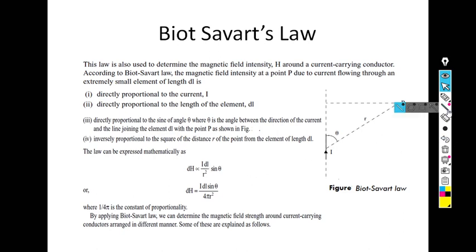Now similarly, here we can write dl sine theta. We can also write dl cross a r cap. Now what is a r cap? This r is the distance between these two points, so there is a position vector, and the unit vector representing the direction of this r vector is a r cap.